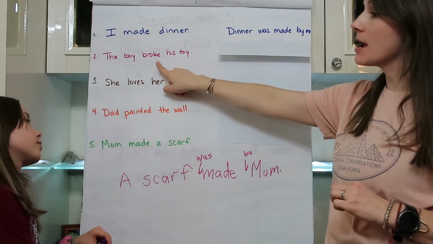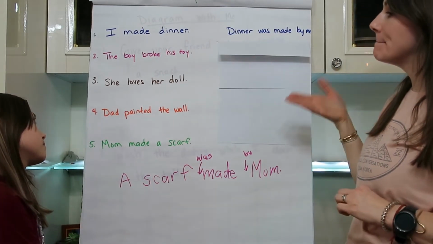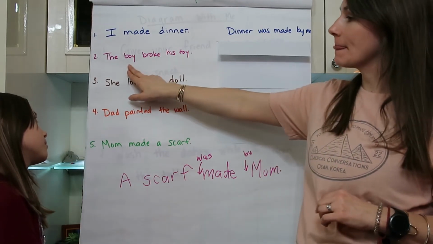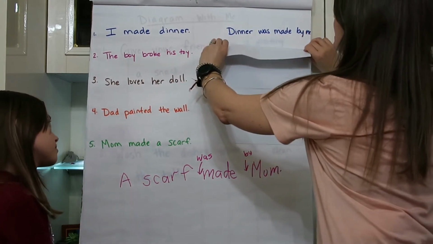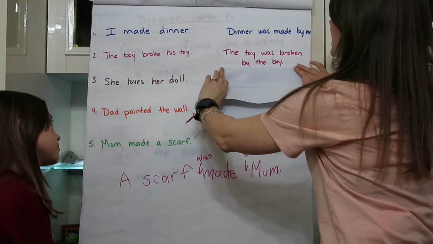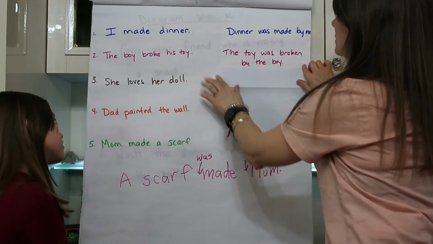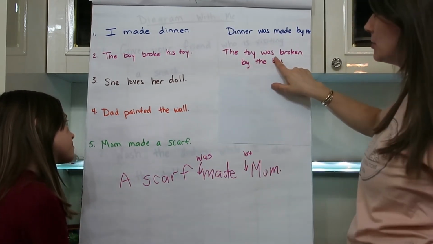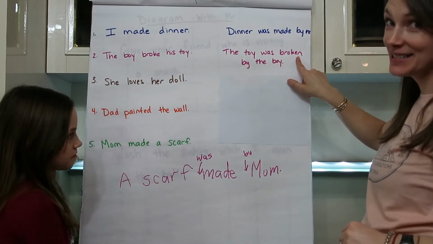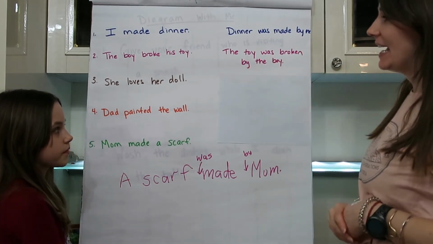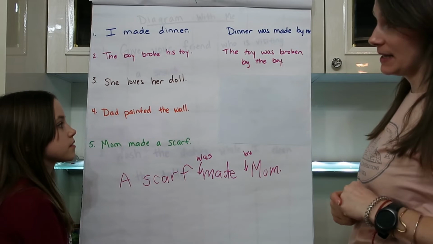So his toy was broken by the boy. Very good. So we put the direct object first, add a helping verb to be, change the verb to past participle, and then add the last little bit to make it make sense.